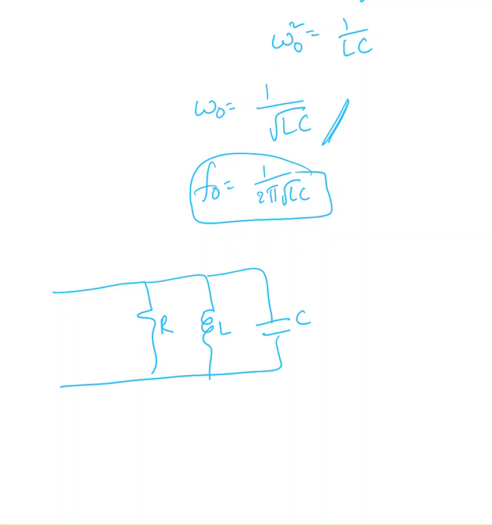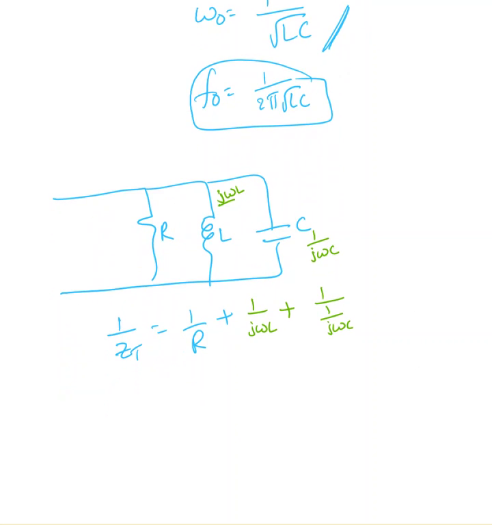Now the impedance: 1 over Z total equals 1 over R plus, converting into the frequency domain, this is j omega L, this is 1 over j omega C. So 1 over R plus 1 over j omega L plus 1 over j omega C. When we do the parallel circuit, usually instead of impedance, we will work with admittance. So this 1 over Z we indicate with Y, and we call this admittance.